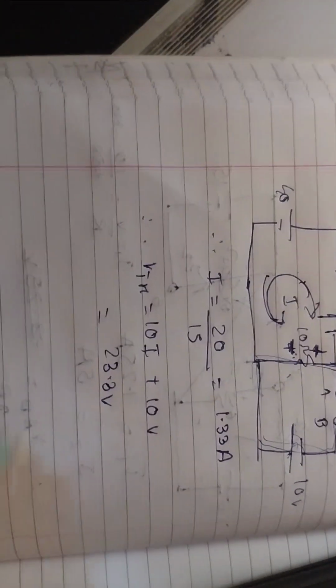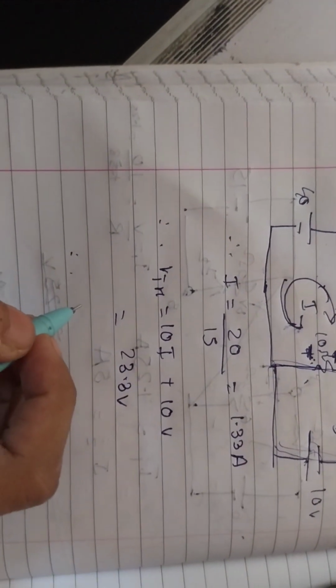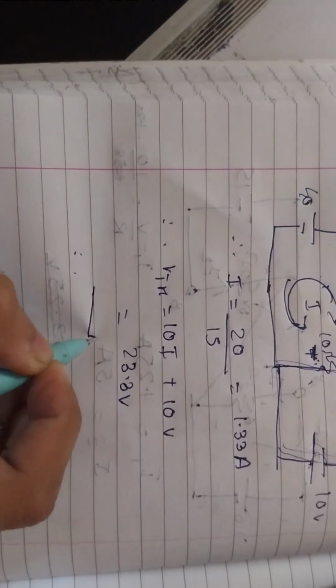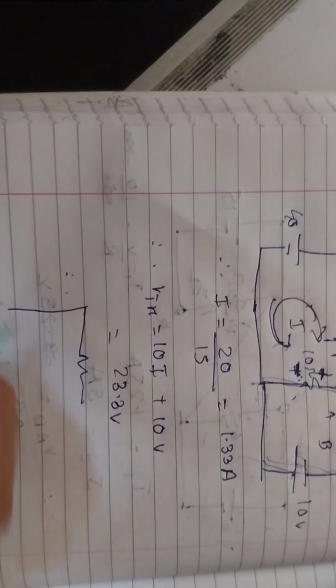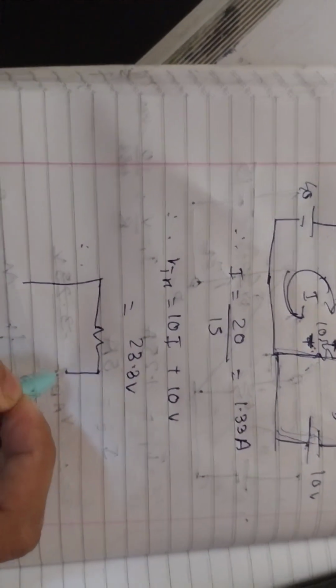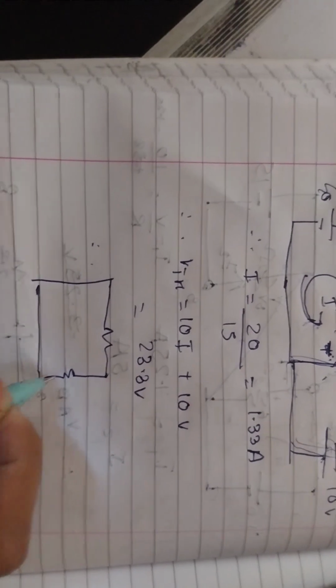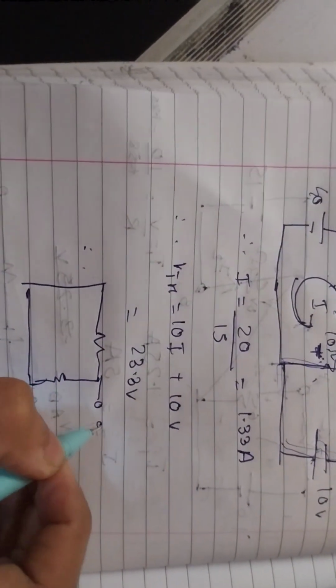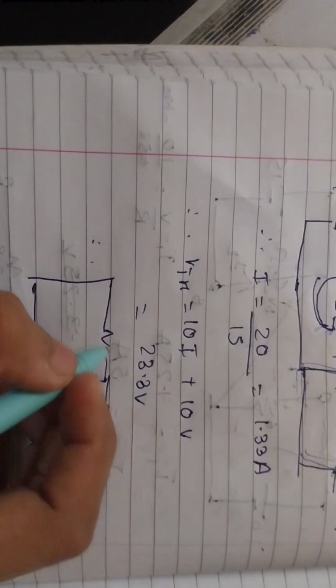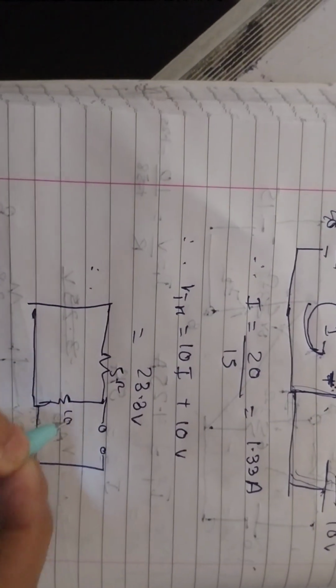RTH is pretty easy to find. Short circuit all the voltage sources, and this is 5 ohms and this is 10 ohms.